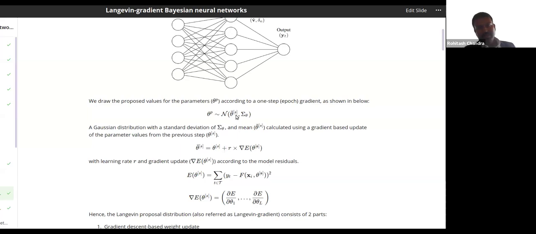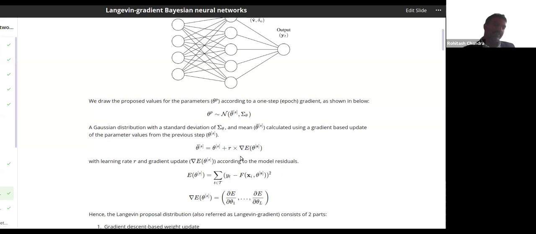So theta bar is the theta, that means the set of weights and biases, plus the learning rate, R is the learning rate, multiplied by the gradients. The delta E is the gradients of the neuron, right?